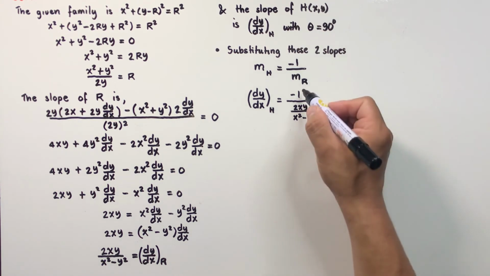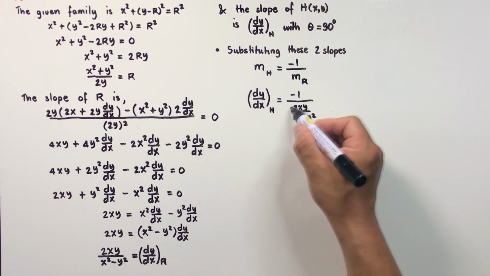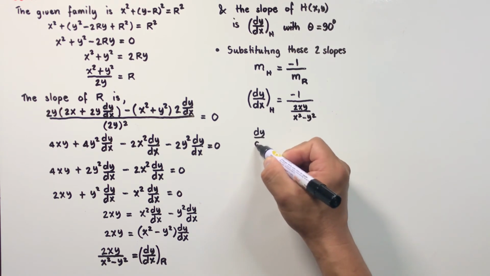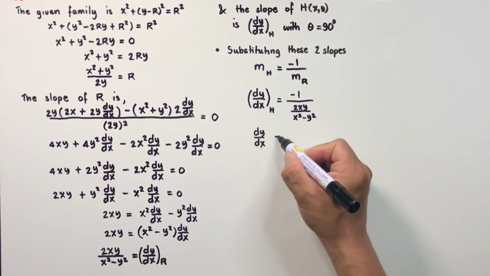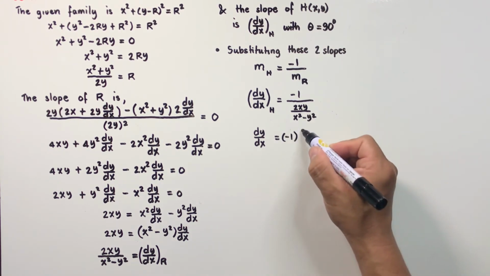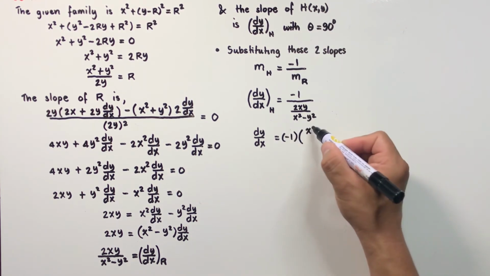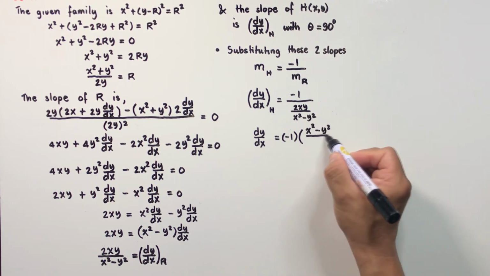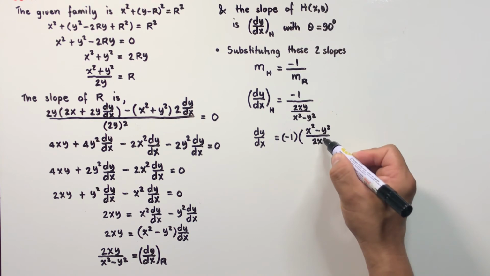And multiplying the numerator by the reciprocal of the denominator, we have the derivative of y with respect to x is equal to negative 1 times the reciprocal of the denominator, which is (x squared minus y squared) over 2xy.